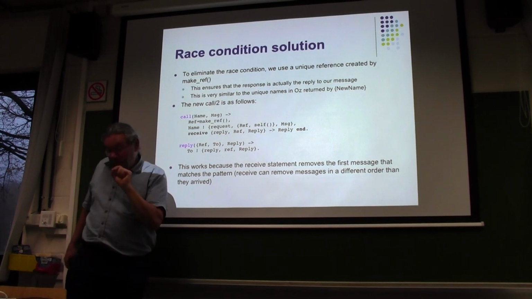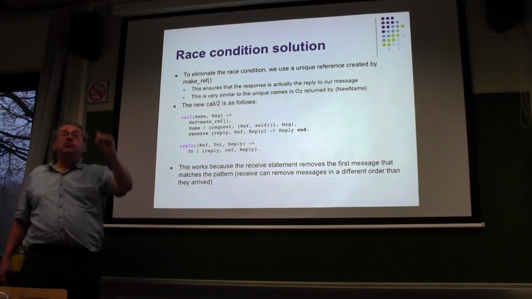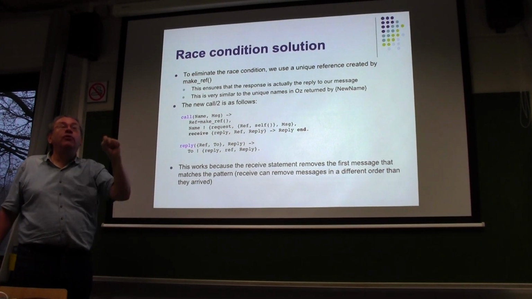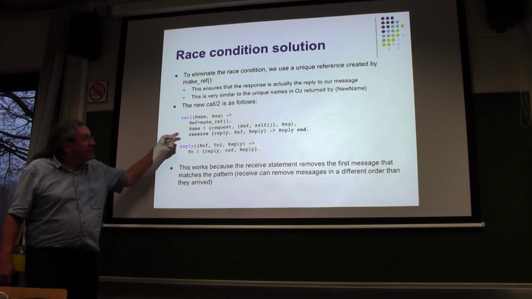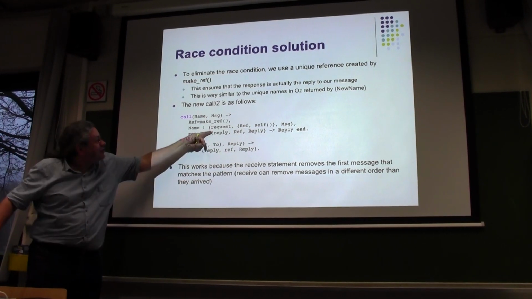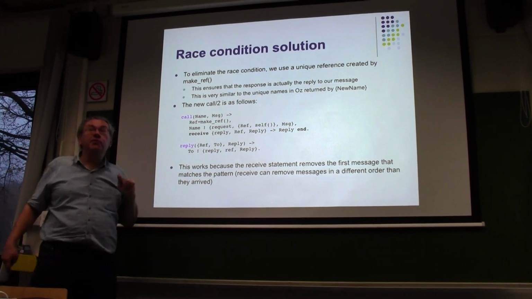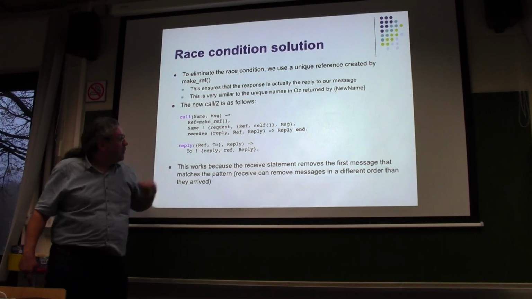Notice it's very important that the receive takes any message in the mailbox out of order, okay? It doesn't matter in which order these two messages are in there, the receive will always pick the good one because of this unique constant.